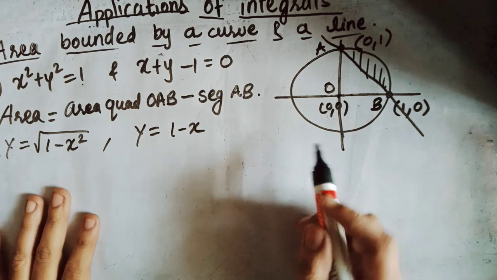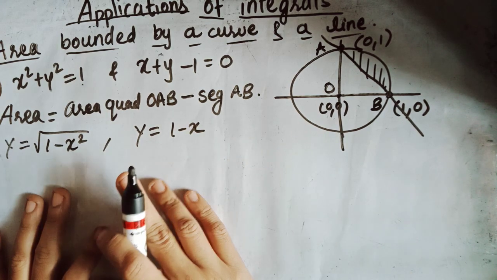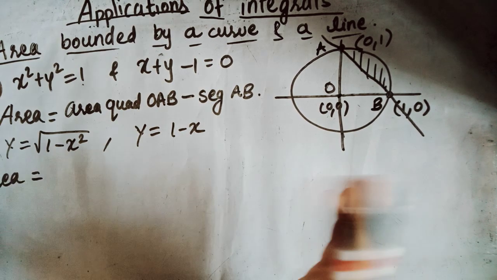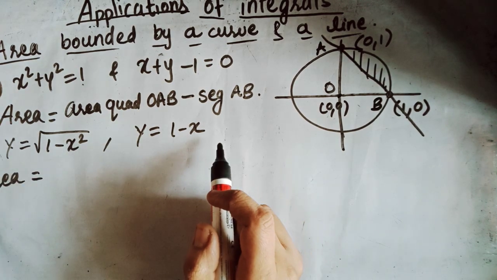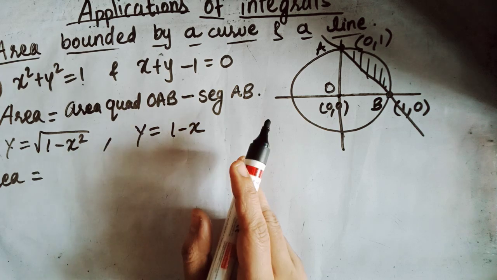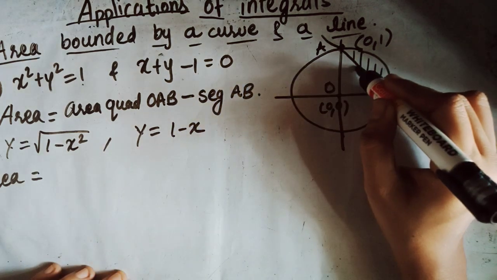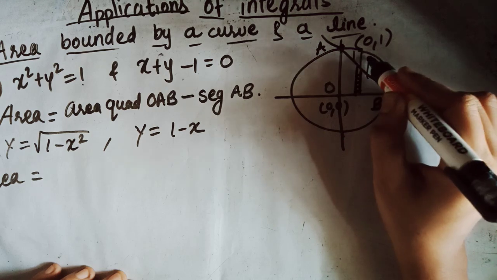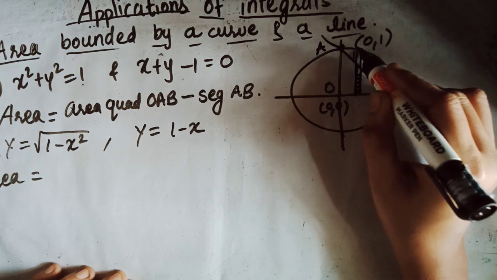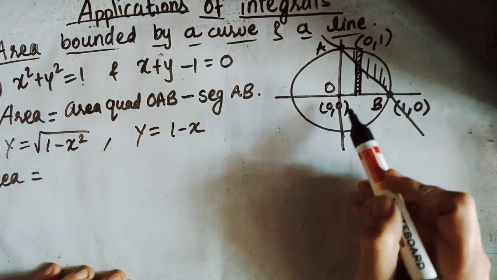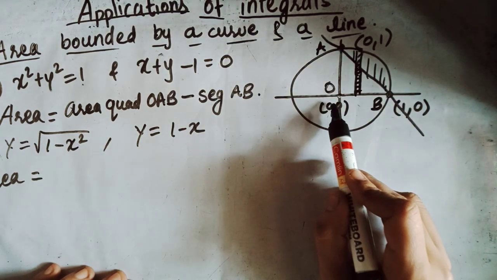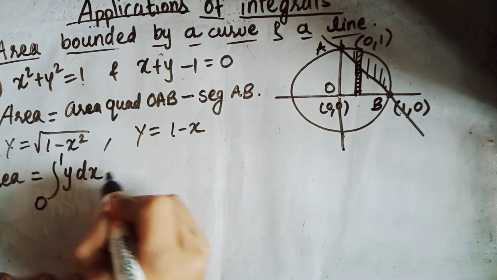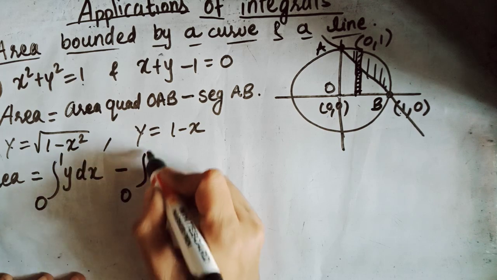Correct? Okay, now let's find out the area. The area you need to find, so we'll write both together. So the area of the quadrant OAB, if you consider the y strip, for the whole you have to take, right? Yeah, and this is changing from 0 to 1. So integral 0 to 1 of y dx minus integral 0 to 1.